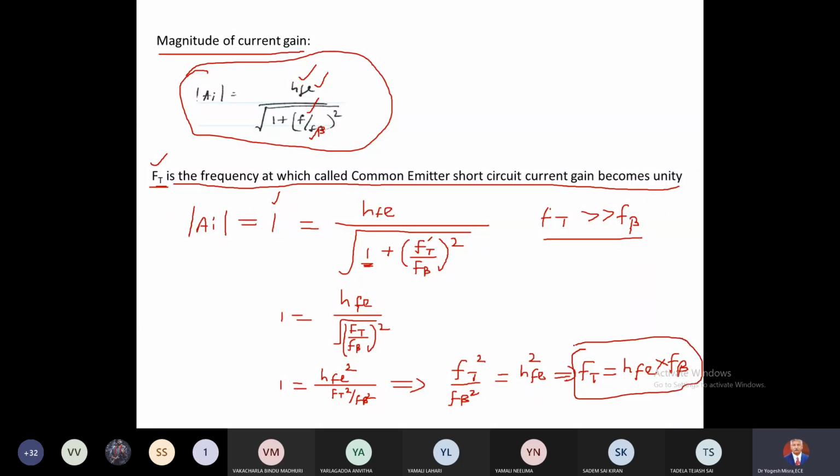And you can see here hfe is around 50, and 50 is multiplied by f beta. So the value of ft will be 50 times greater than f beta. That's why ft is greater than f beta. It is around 50 times higher than f beta. So what is your ft? How do you define ft? ft is the frequency at which the common emitter short circuit current gain becomes unity.